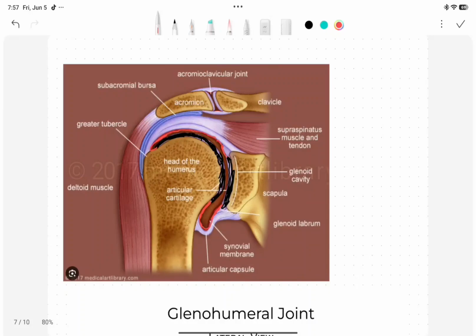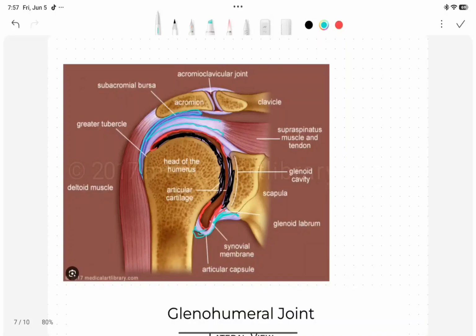This is the synovial membrane, which is further supported by the inferior glenohumeral ligaments. This is the tendon of the supraspinatus muscle that is inserted into the superior facet, and there is a bursa.